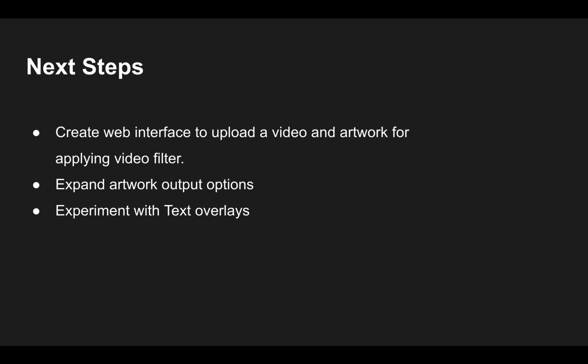And perhaps, since I was playing with generative adversarial networks in the last few weeks, creating artwork using generative adversarial networks and then applying that artwork on top of the videos. I thought this could be pretty cool to play with.